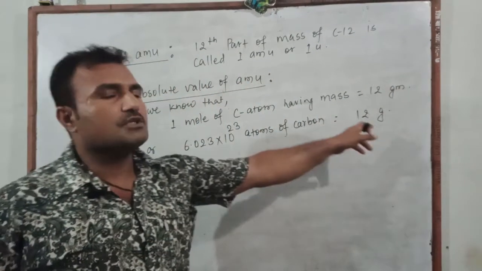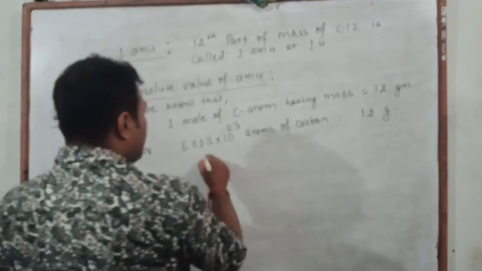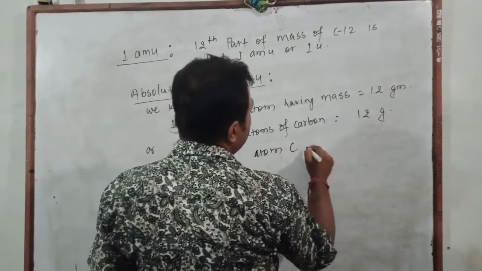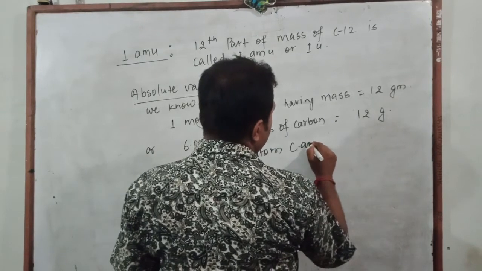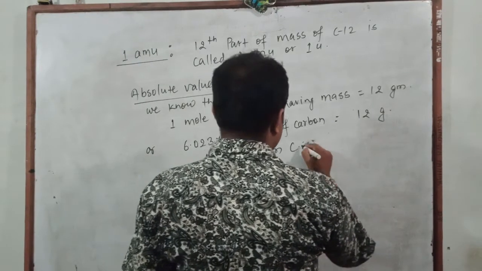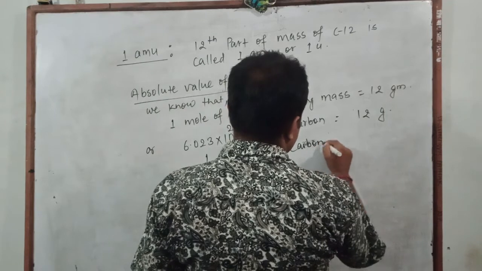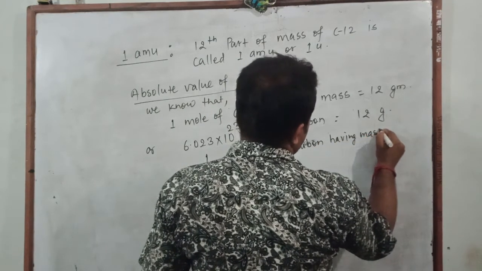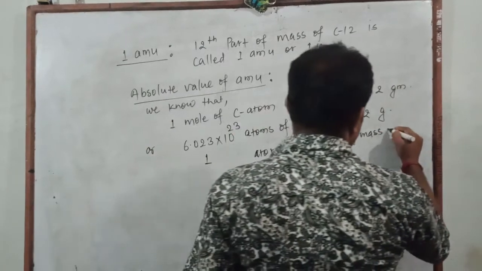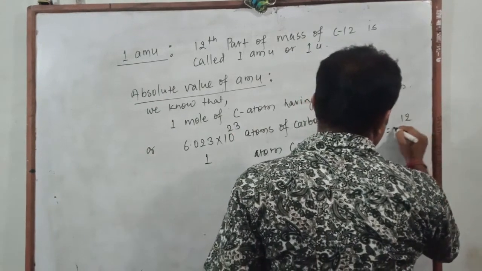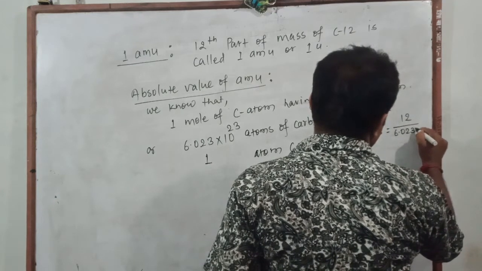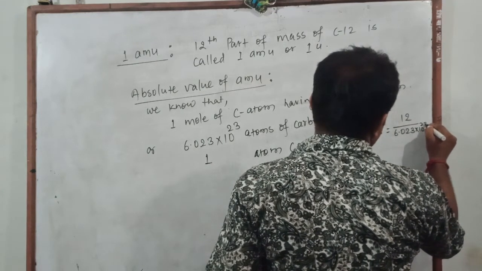So 1 atom of carbon has a mass equal to 12 divided by 6.023 into 10 to the power 23 gram.